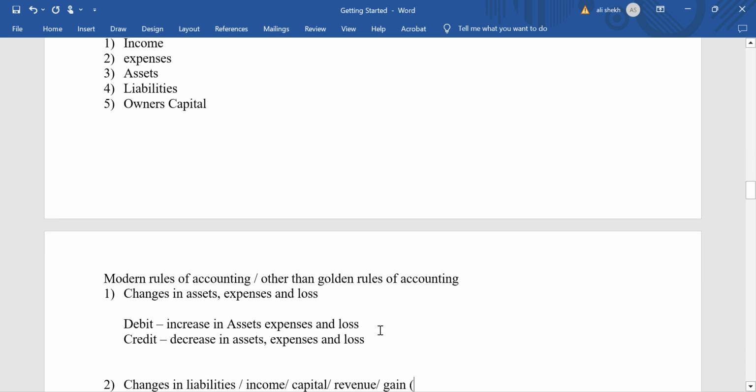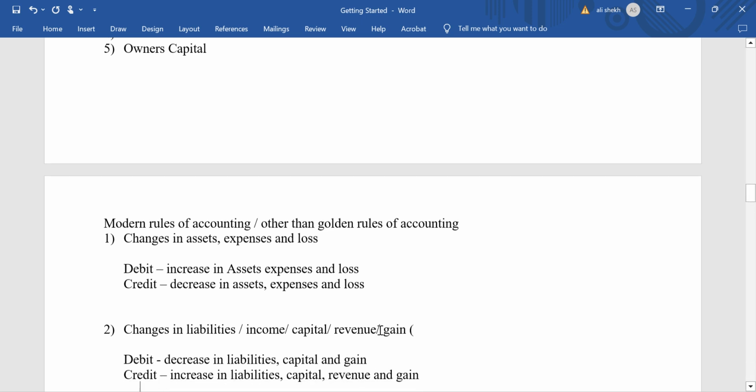Next question. Modern rule of accounting other than golden rule of accounting. So in the modern rule of accounting, debit increase in assets and losses, credit decrease in assets and losses.